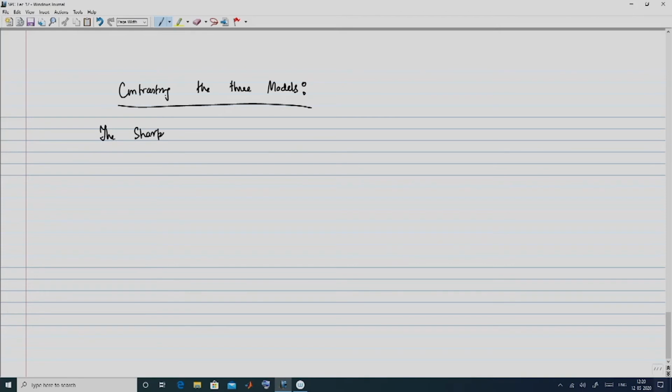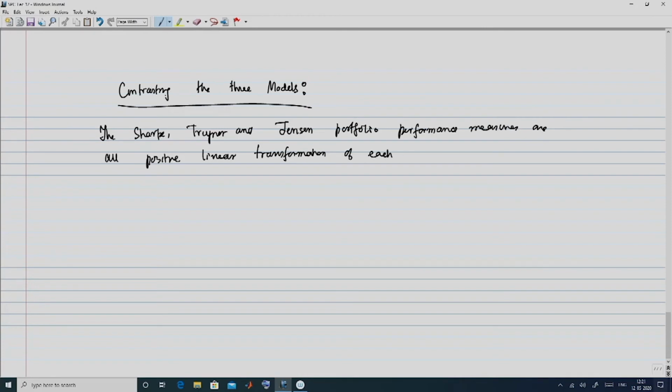The Sharpe, Treynor and Jensen portfolio performance measures as defined above are all positive linear transformations of each other, taken two at a time, under some plausible circumstances, that means it can happen.